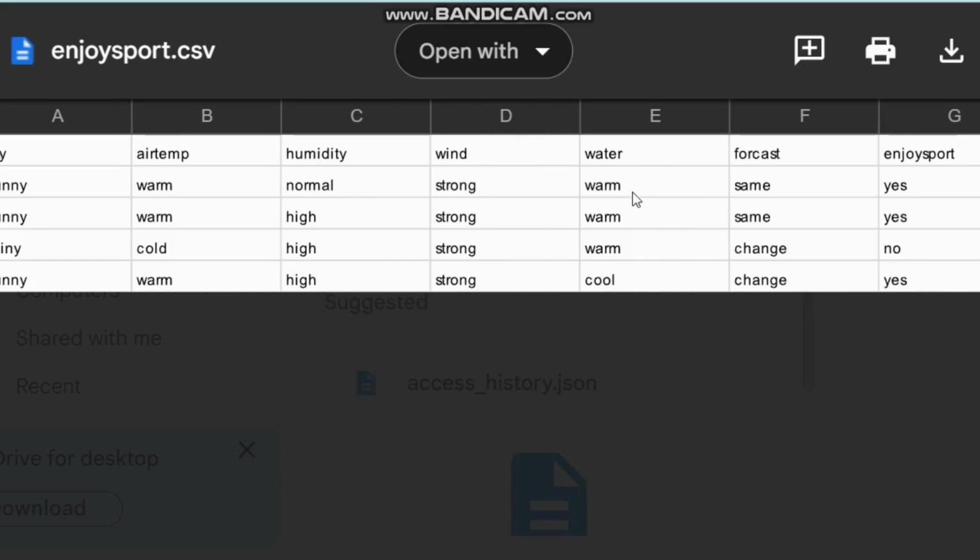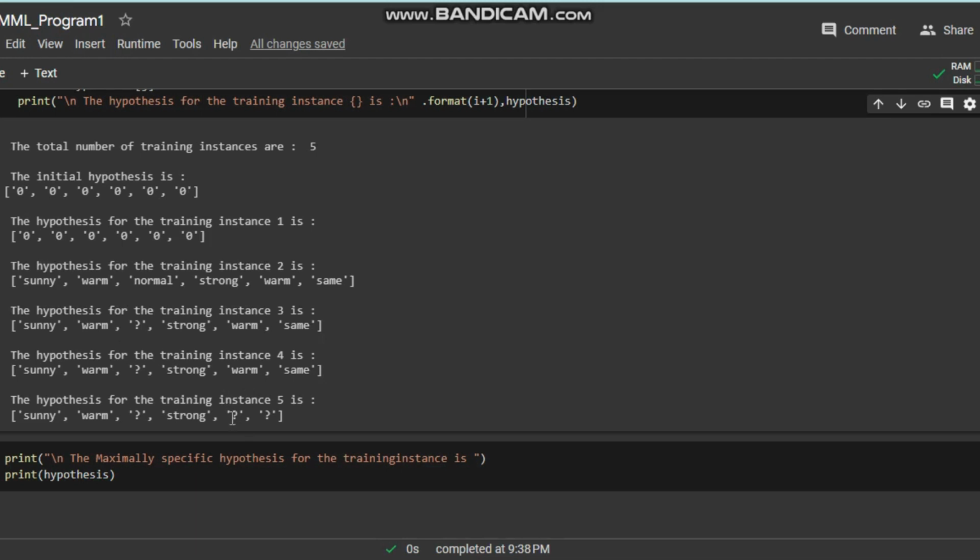The first two positive instances were warm and now it has become cool, but still he's enjoying his sport, so we'll change water to a question mark. The forecast was same for the first two positive examples but has changed, so for forecast, we'll be putting a question mark as well.